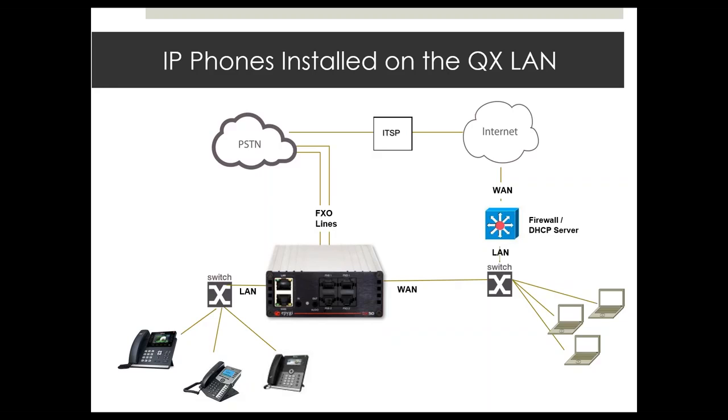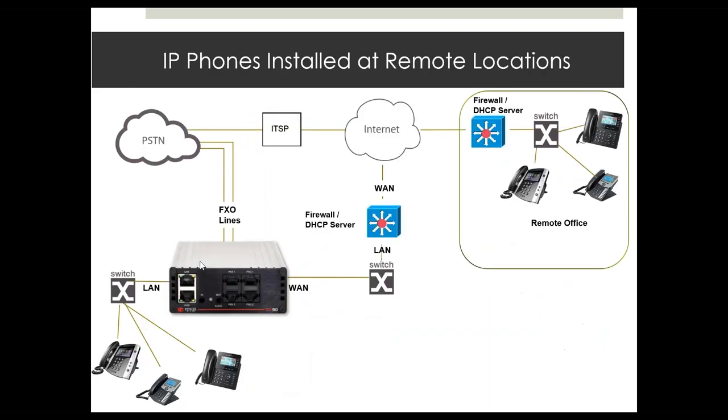Another option would be you still have the same broadband connection coming in. They've got the firewall in place. They've got a switch. You can still connect the QX WAN port to that network. That way the QX can get outside access through the internet, can get out to the SIP trunks, can get out for applications like email. But notice the placement of the phones this time.